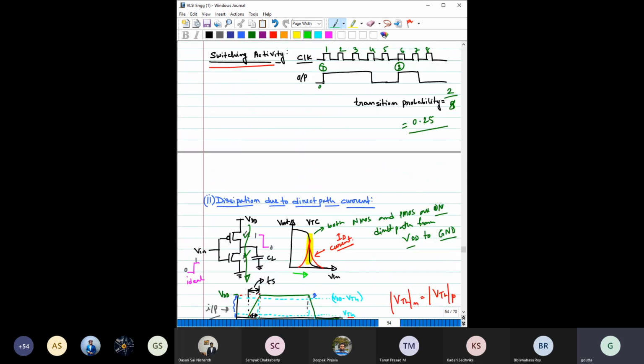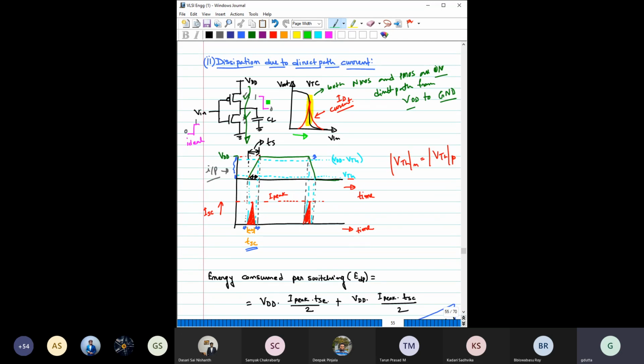Then the next one, which we already discussed in the last class, is the power dissipation due to the direct path. We have seen this from the voltage transfer characteristics of this inverter, which looks something like that.